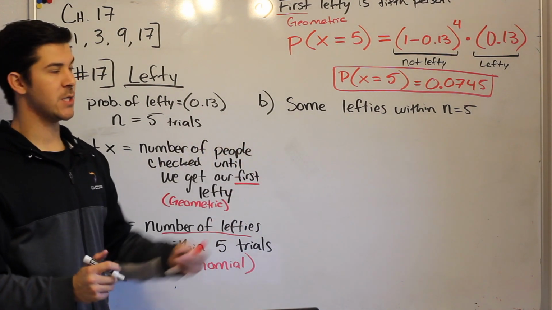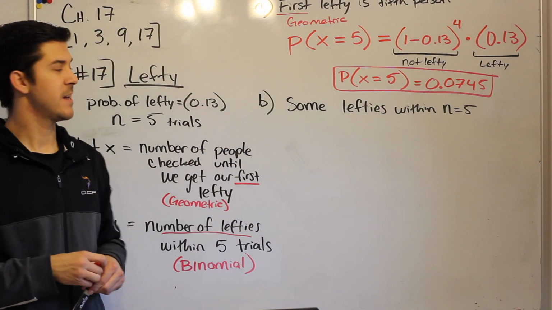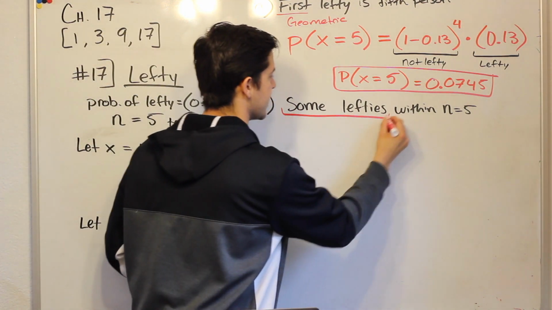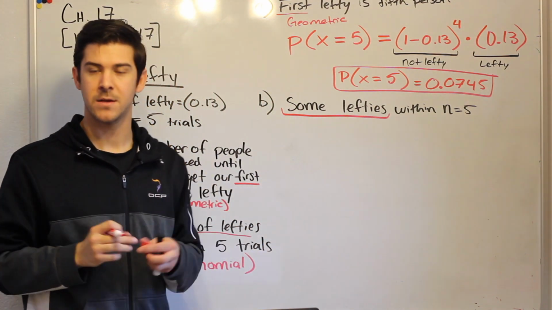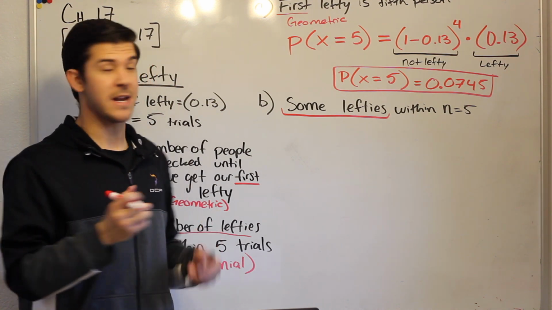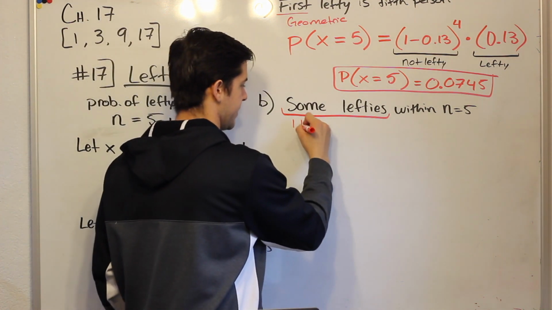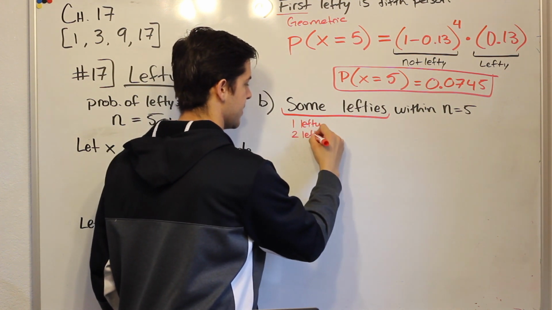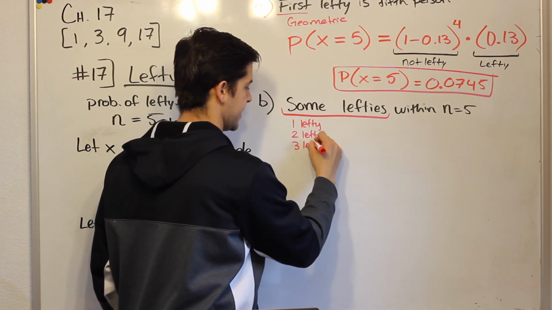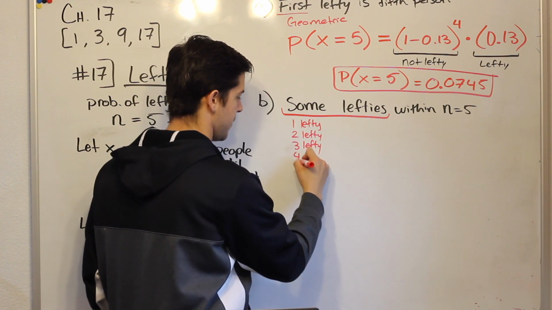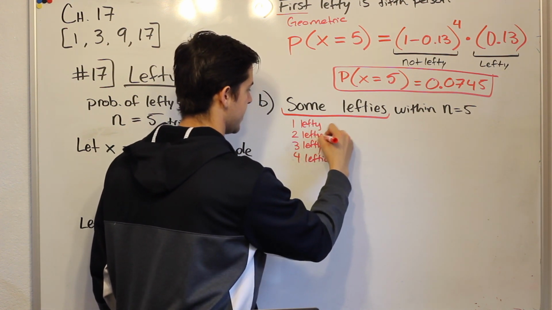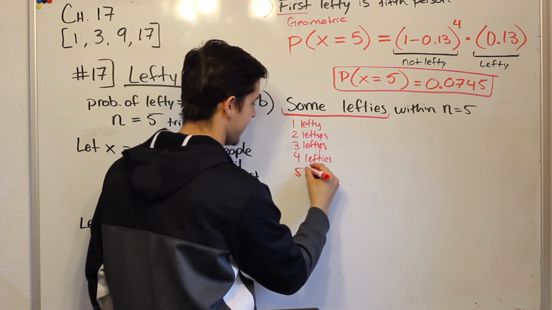In the 5 trials, we just want to know if there's some lefties. Whenever you see this phrase, some, you can have 1 lefty, or 2 lefties, or 3 lefties, or 4 lefties, or 5 lefties.